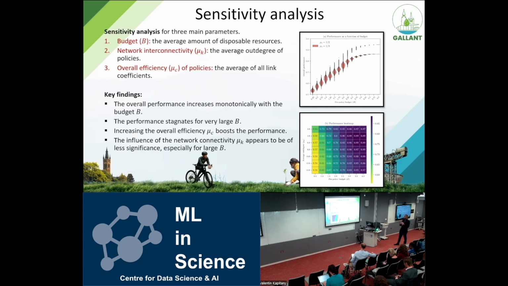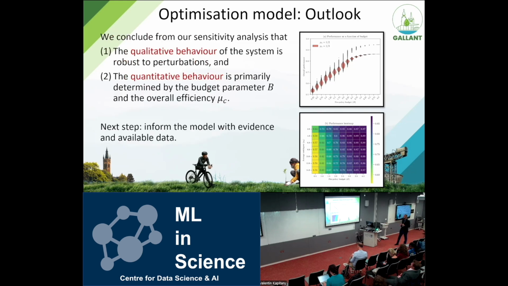I will not go into the details of these findings, but I will make the following general conclusions. First, the qualitative behavior of the system is robust to perturbations, meaning that small changes in parameters have no significant impact on the system performance. And second, the quantitative behavior is primarily determined by two parameters: the budget parameter and the overall efficiency.